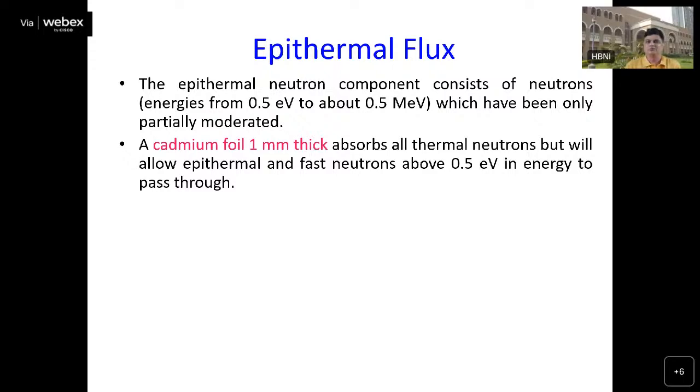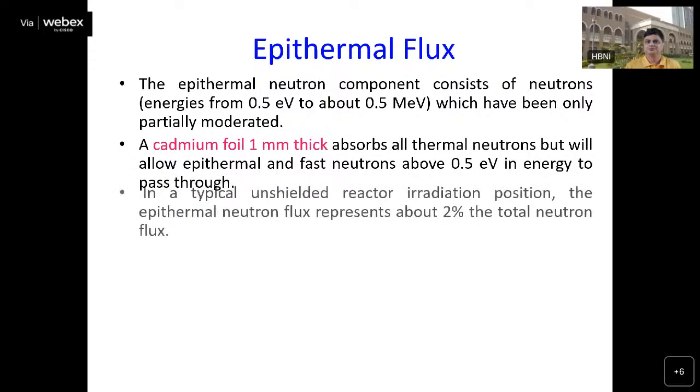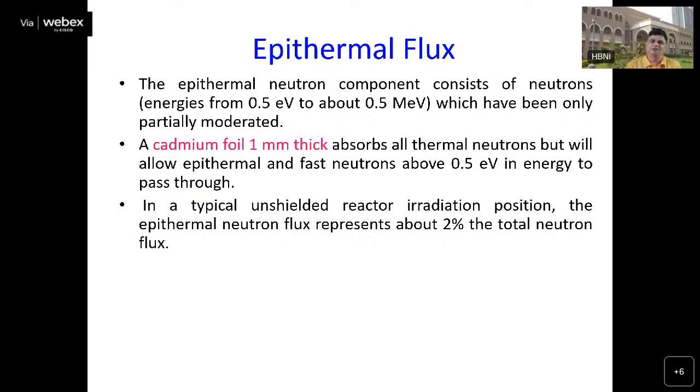If your sample is put in a 1 mm thick cadmium foil, it absorbs all the thermal neutrons and allows only the faster neutrons to pass through, about 0.5 eV to 2.5 MeV. In a typical unshielded reactor irradiation position, the epithermal neutron flux represents about 2% of the total neutron flux.